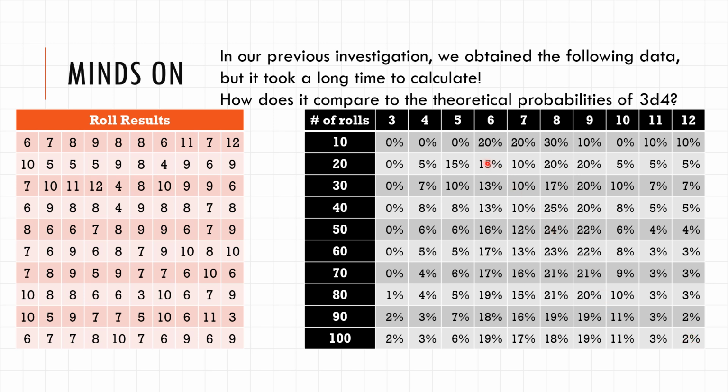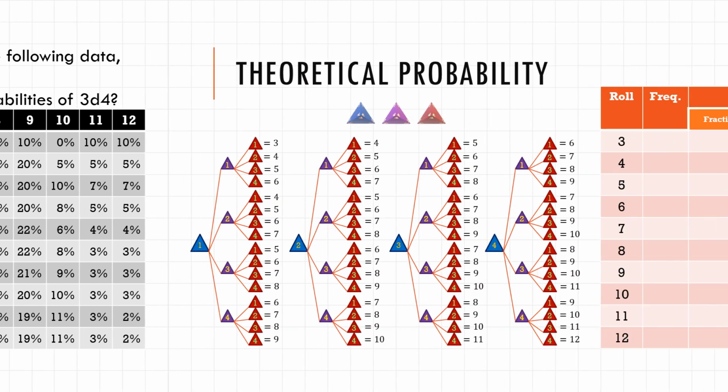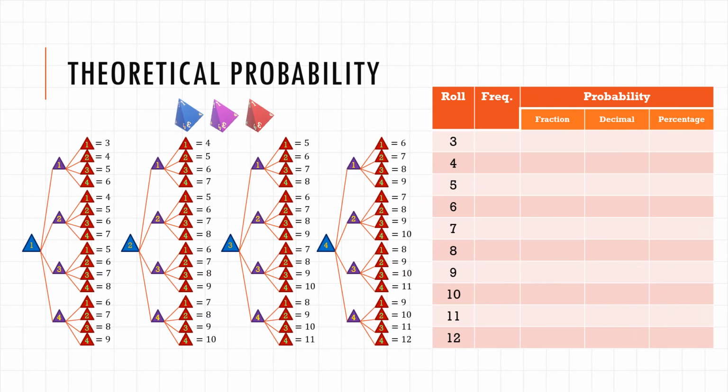But now let's compare these results to the theoretical probability of rolling 3D4. So this will take us back to 2 lessons ago, where we looked at the theoretical probability of rolling 3 four-sided dice. We said the first dice can be a 1, a 2, a 3, or a 4.